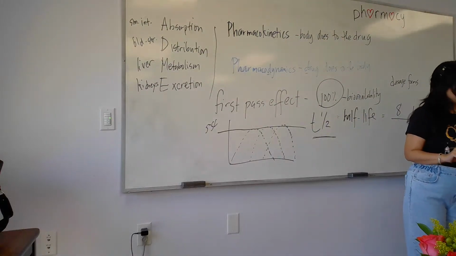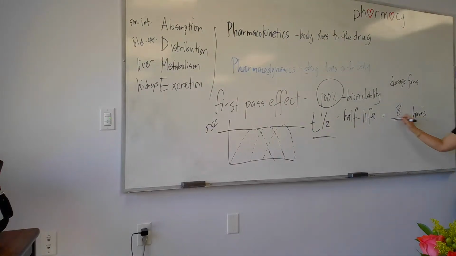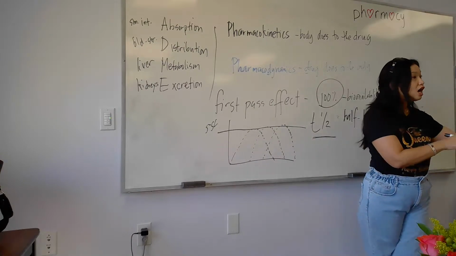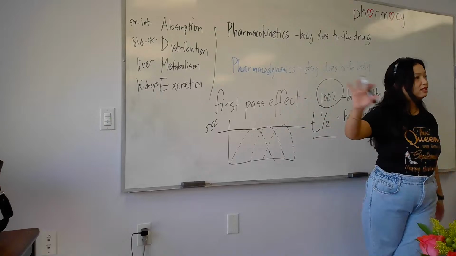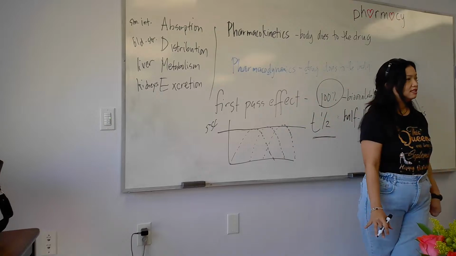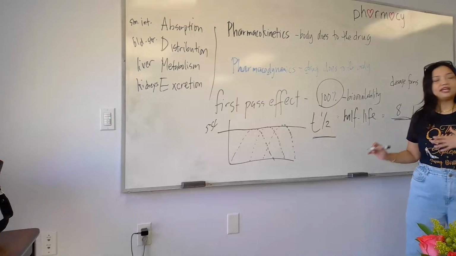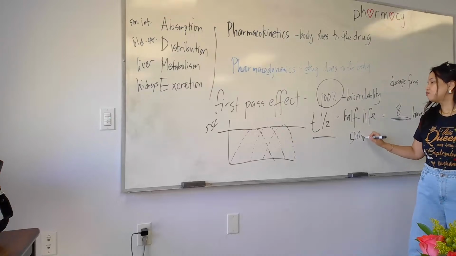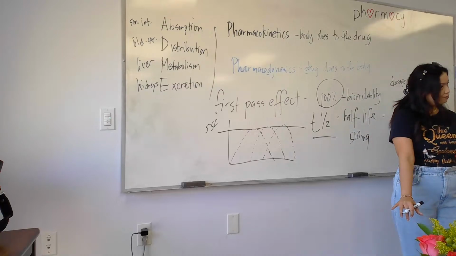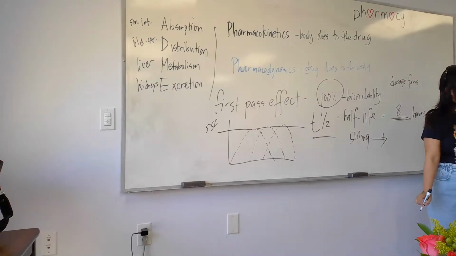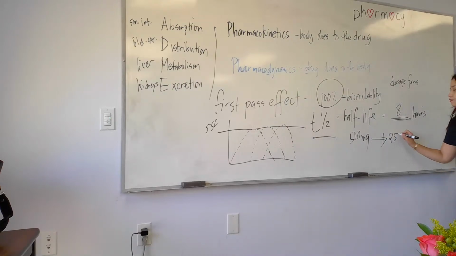At the 8th hour, if a drug has a half-life of 8 hours, that means half of that drug has already been eliminated. Okay? So, if drug X has a half-life of 8 hours and drug X is 500 milligrams, on the 8th hour, how much is in your system? 250.